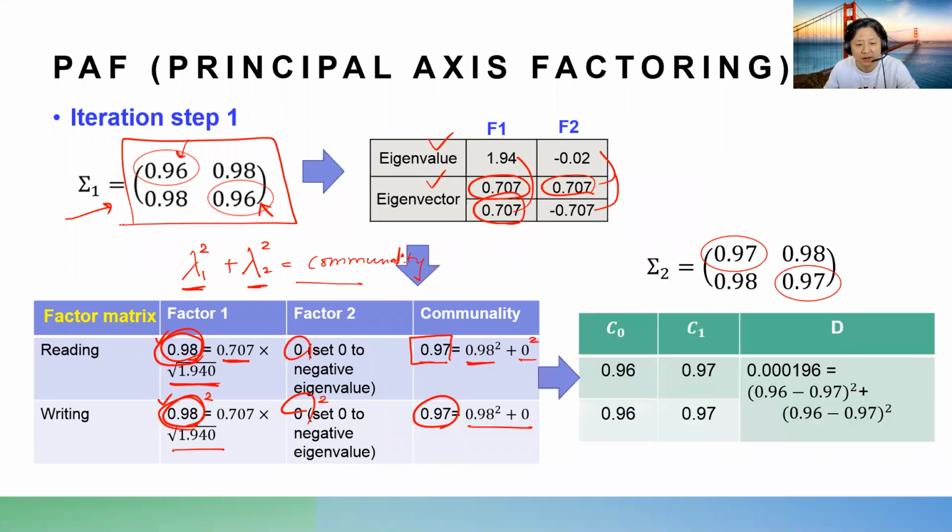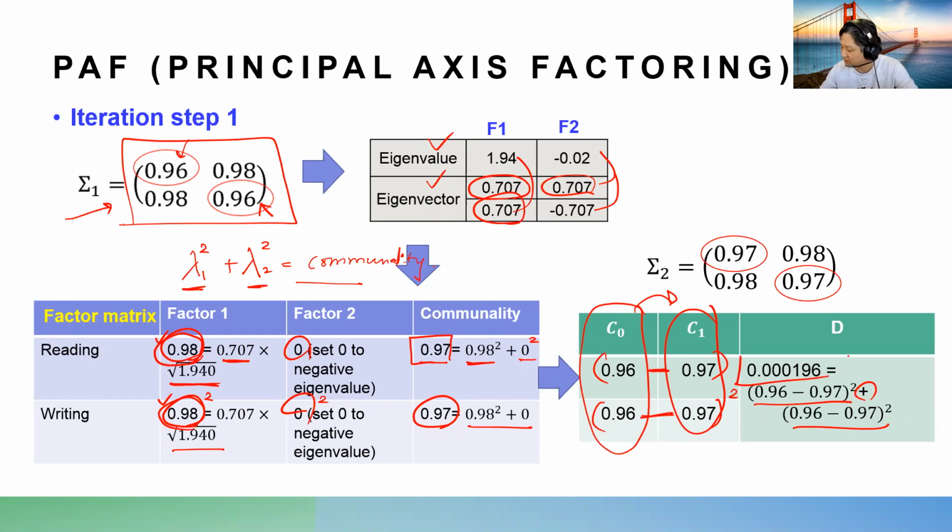So this is our original communality, and this is our updated communality. Now we can get the difference between these two and square it, and add the squared differences.